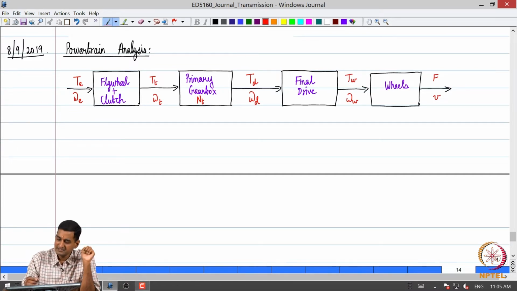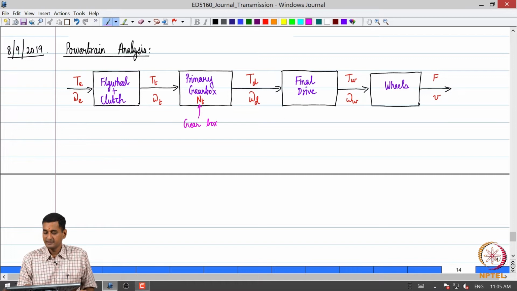So N subscript T is the gear ratio of the primary gearbox, whatever gear that has been chosen, and the primary gearbox outputs a torque T subscript D at a speed of omega subscript D, which goes to the final drive.